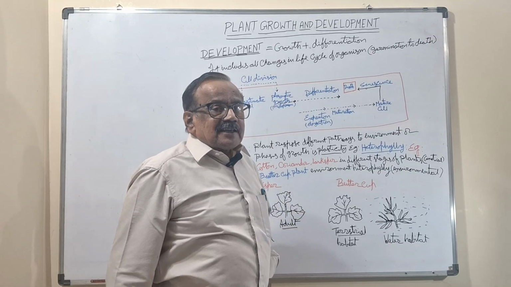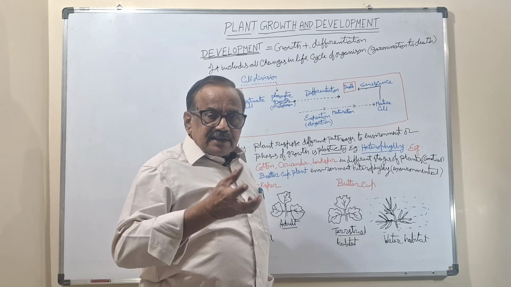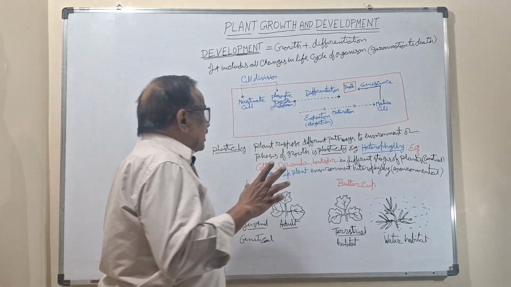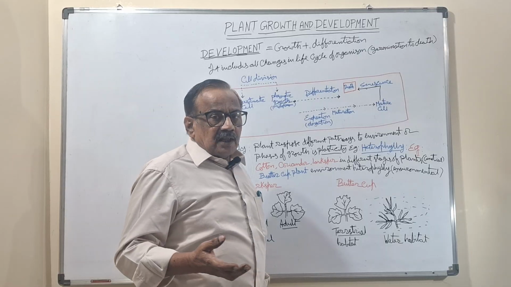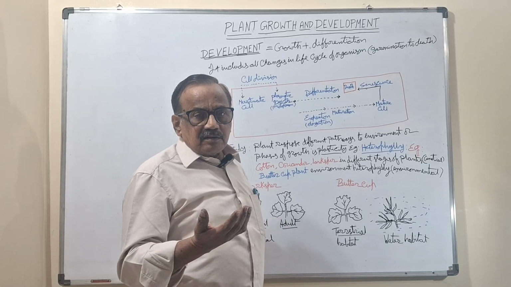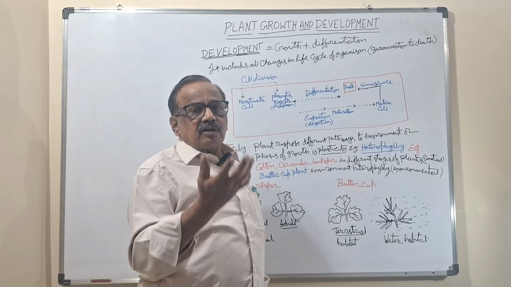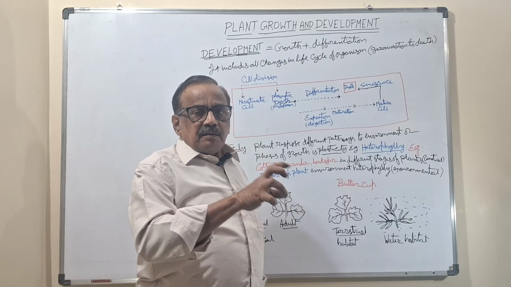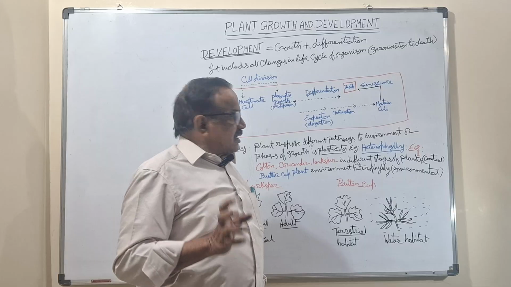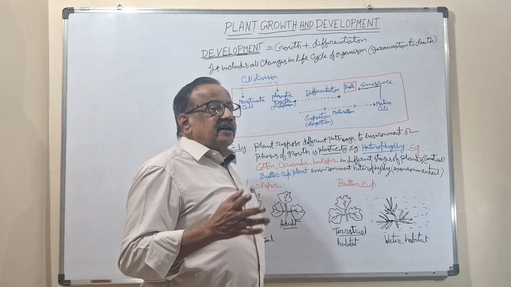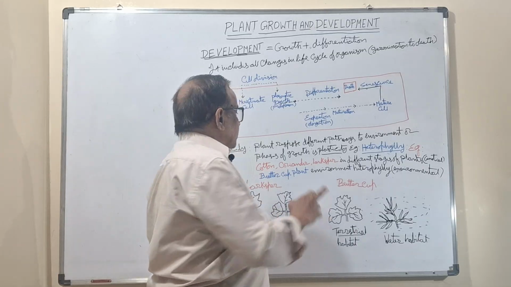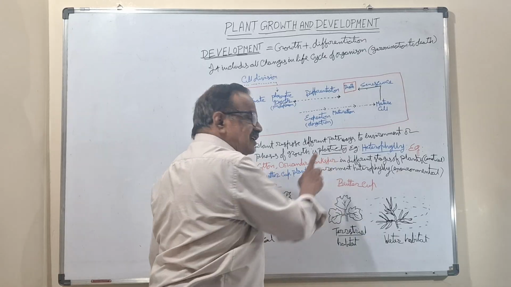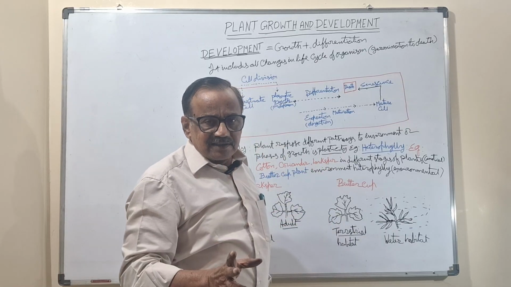With the different phases of the plant life cycle, it shows different pathways. It responds to the environment, or it may respond genetically. Responding through these different pathways is called plasticity. This is important. What is plasticity?